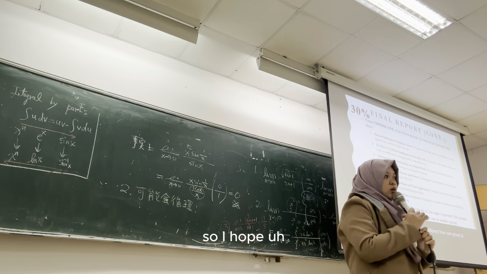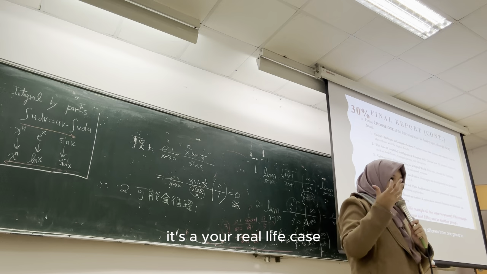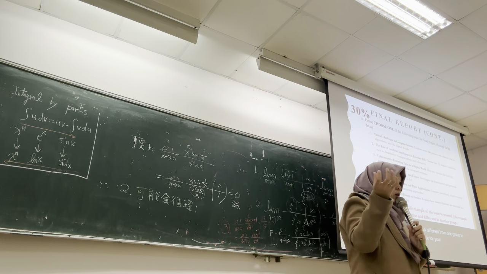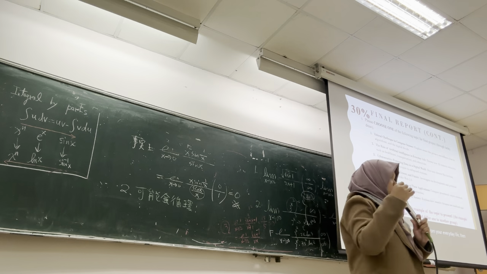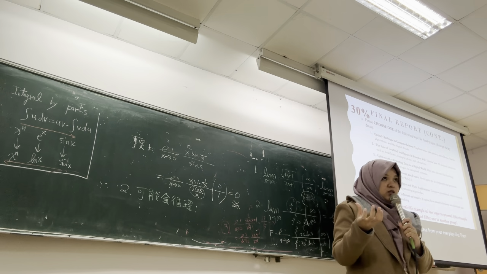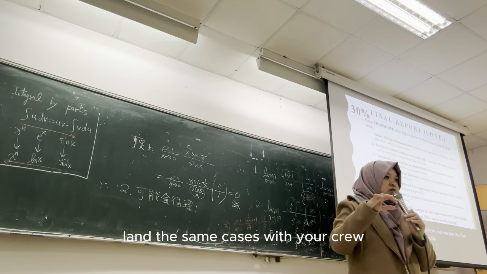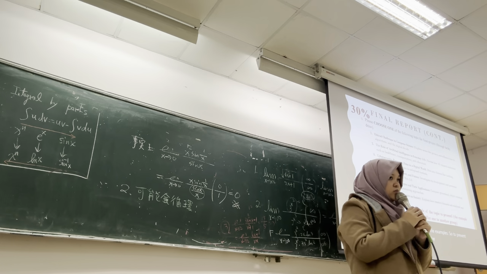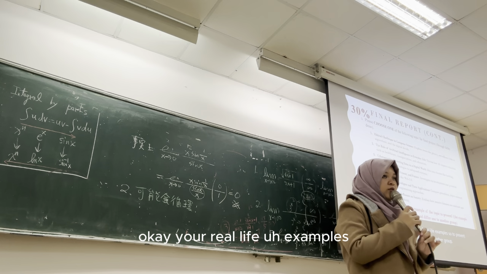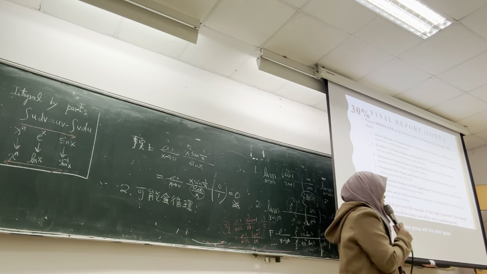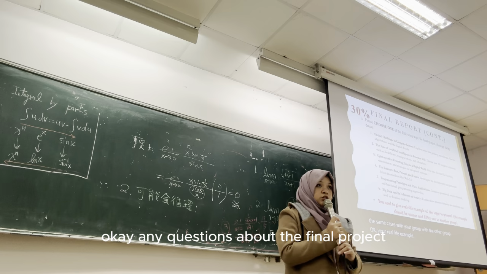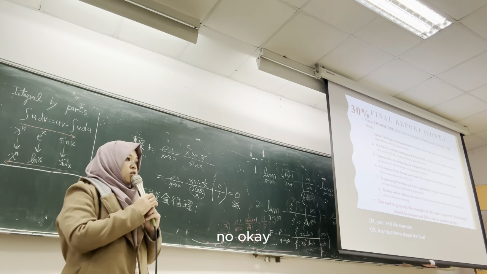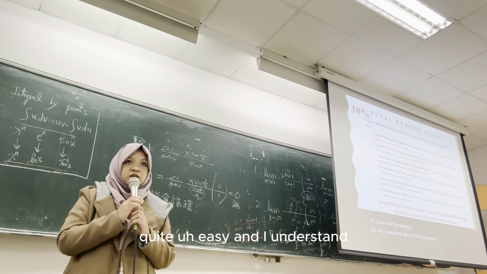So I hope it's your real life case from your everyday life. Then you can use it as the real life examples, to prevent the same cases between your group and the other group. Okay, any questions about the final project? No? Okay, quite easy to understand?